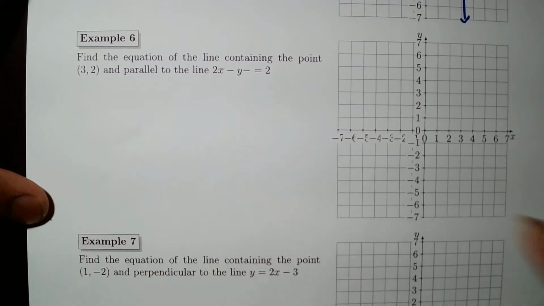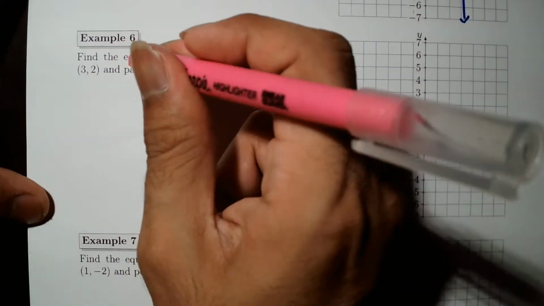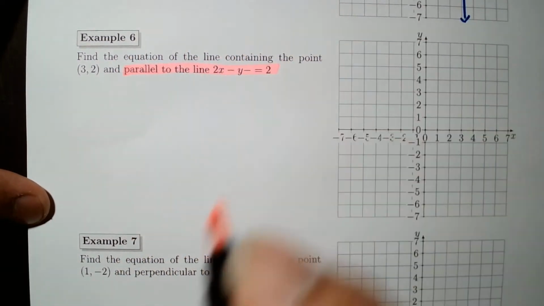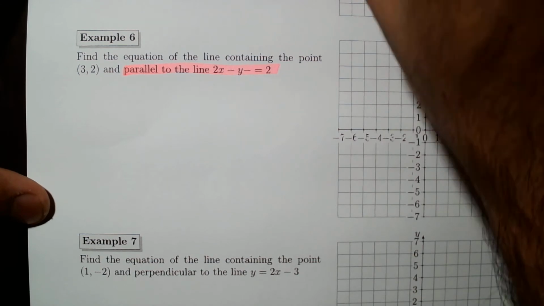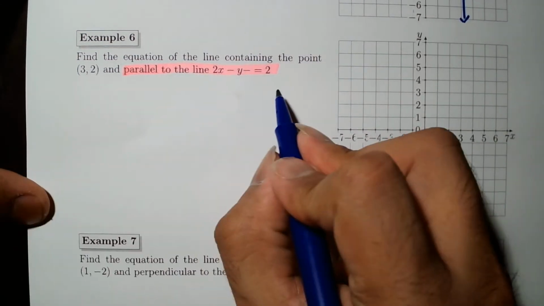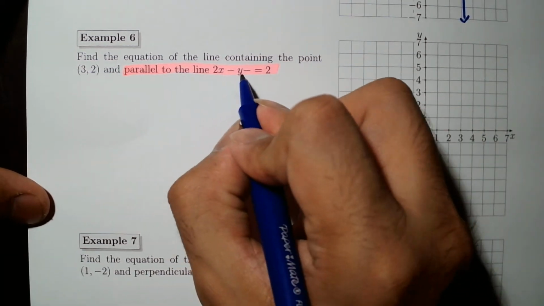However, the key is that we want a line that is parallel to another line. So this is what we are going to do. First of all, I'm going to solve this equation for y.